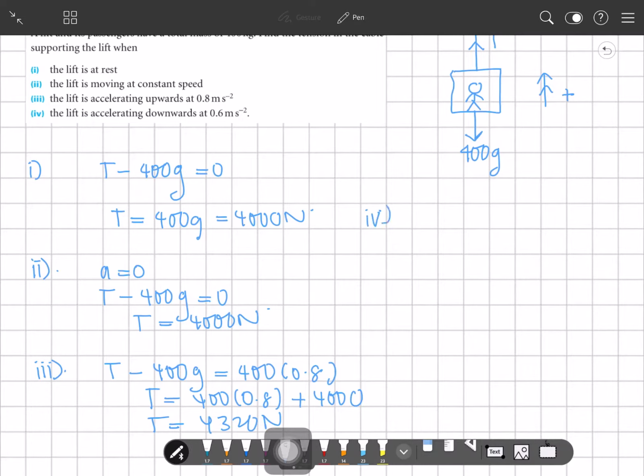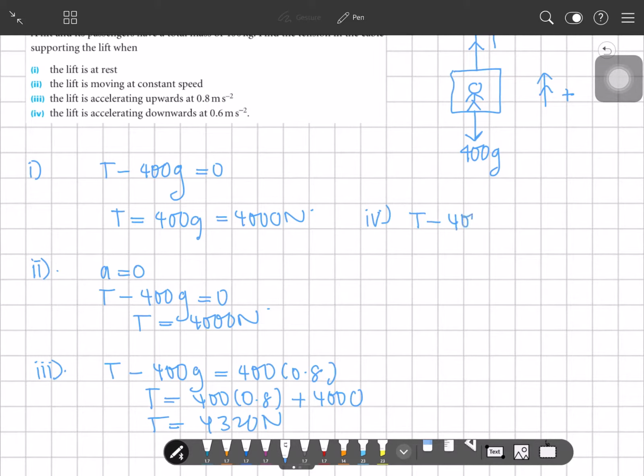Number 4, the lift is accelerating downward at 0.6 meter per second squared. As mentioned over here, the acceleration is downwards. The direction is downward, and in our earlier assumption, the motion of the lift going upward is positive. So let's write the equation.